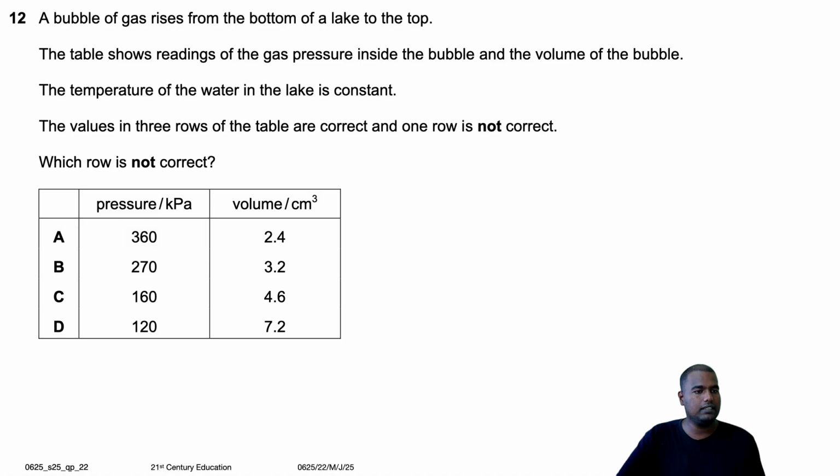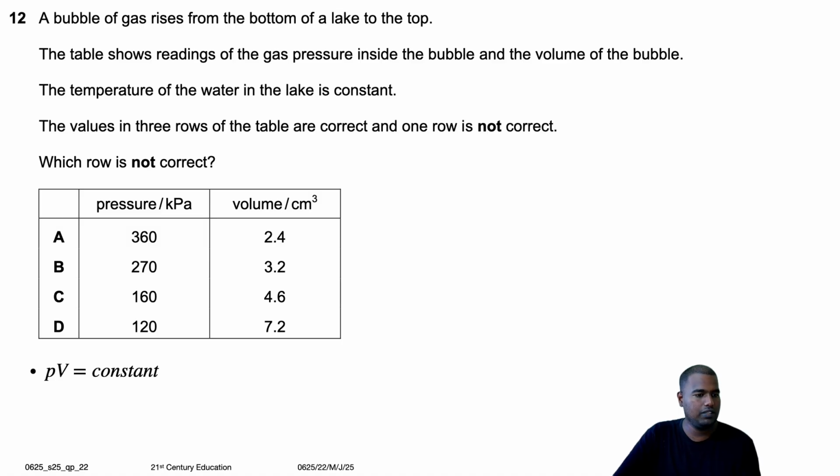A bubble of gas rises from the bottom of a lake to the top. The table shows readings of the gas pressure inside the bubble and the volume of the bubble. The temperature of the water in the lake is constant. The values in 3 rows of the table are correct and 1 row is not correct. Which row is not correct? We know that the product of pressure and volume, PV, is constant.